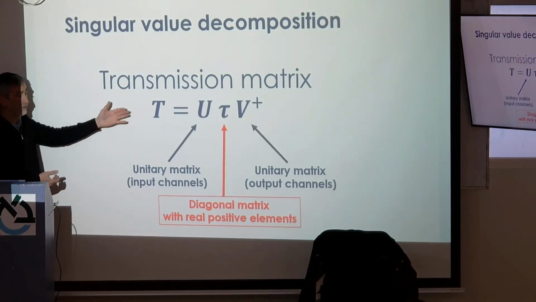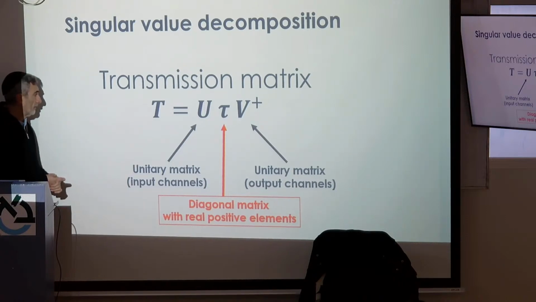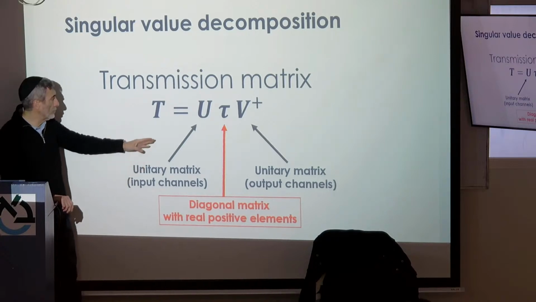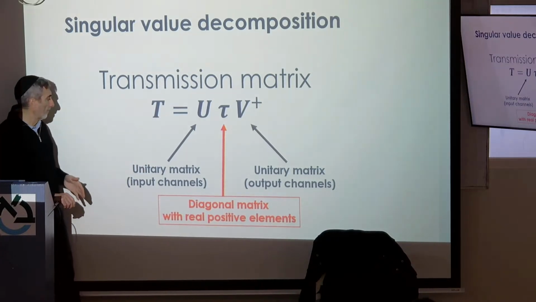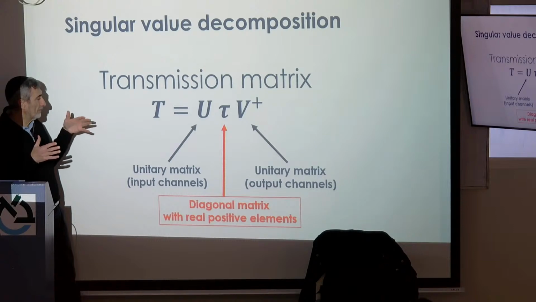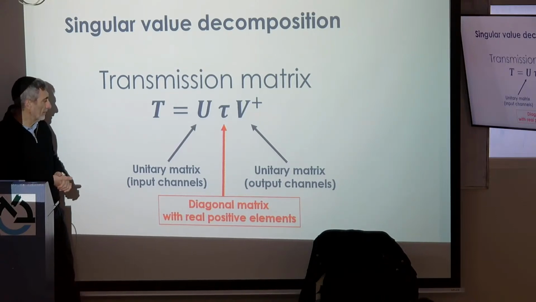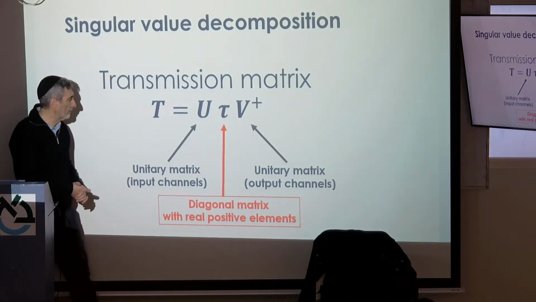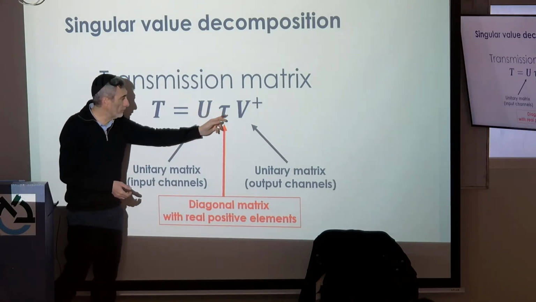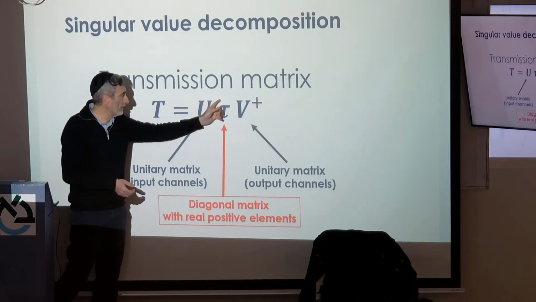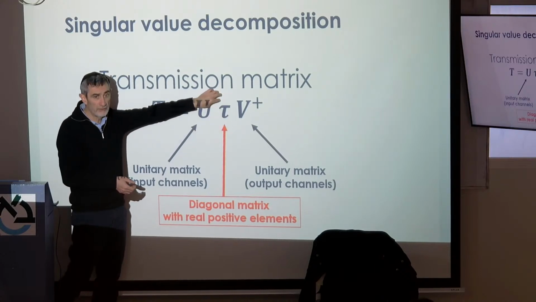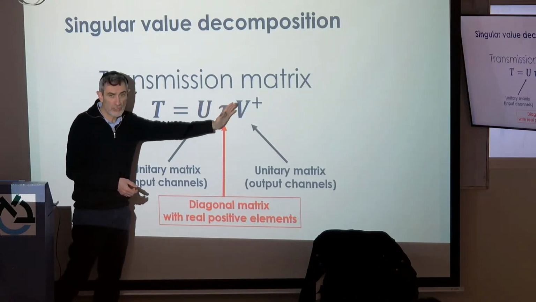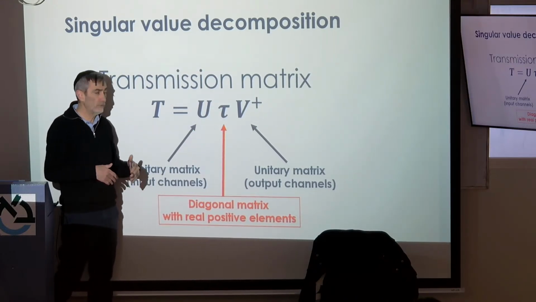This is true even for a rectangular matrix. U and V are unitary matrices. U corresponds to the right incident channels, and V to the right output channels, corresponding to different values along the diagonal. The first value on the diagonal gives you the transmission from one channel to the other that gives the highest transmission.